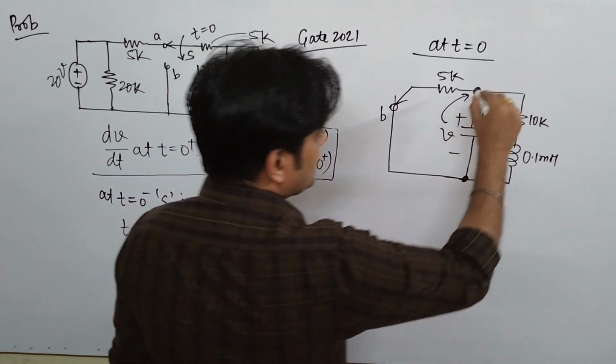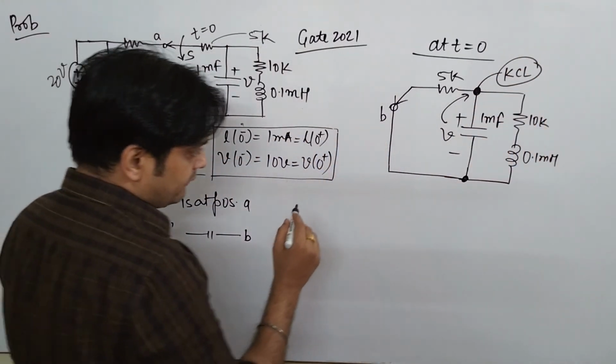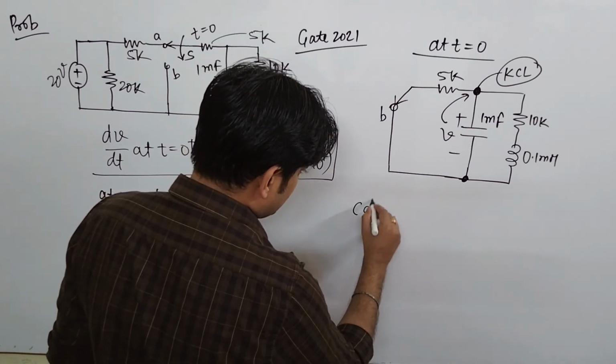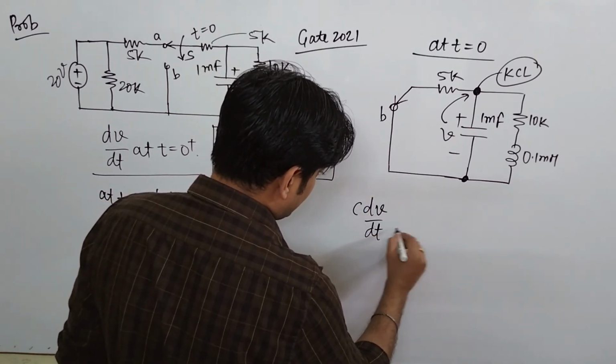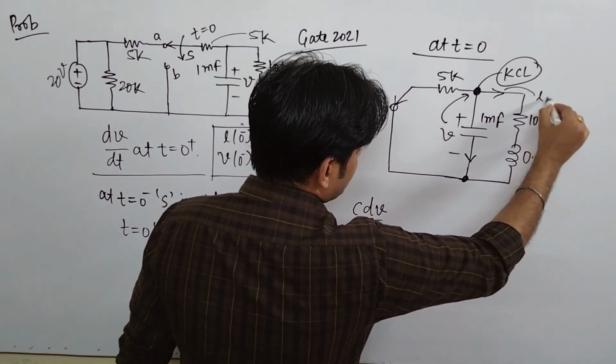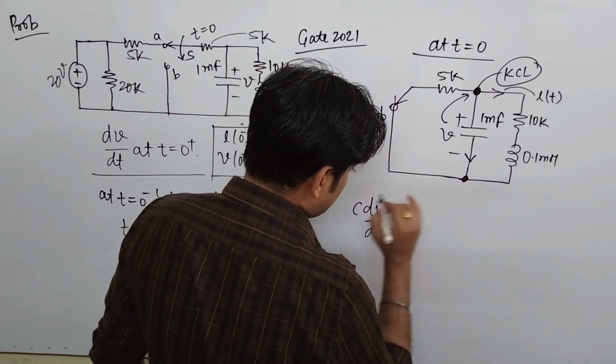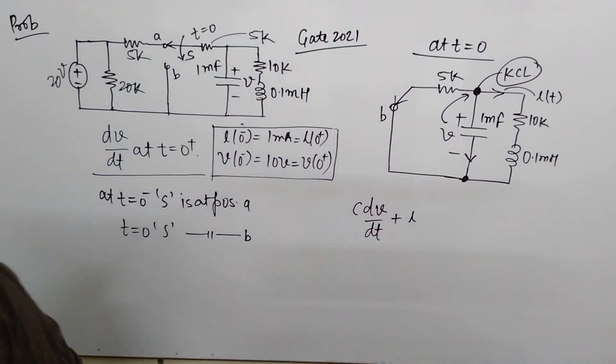So if I apply KCL at this node, I'll get one value as C dV by dt, the current which is flowing here. I have already considered the current here is IT. So you can say it is I. For the timing I will write it as I, okay.